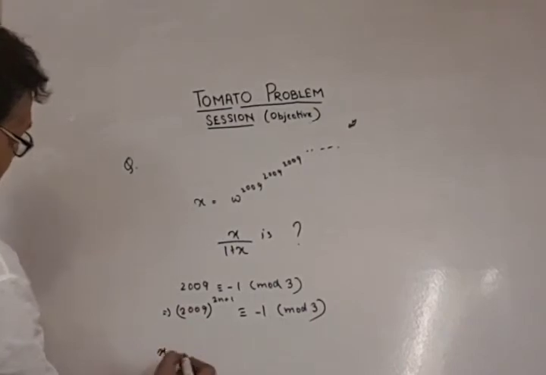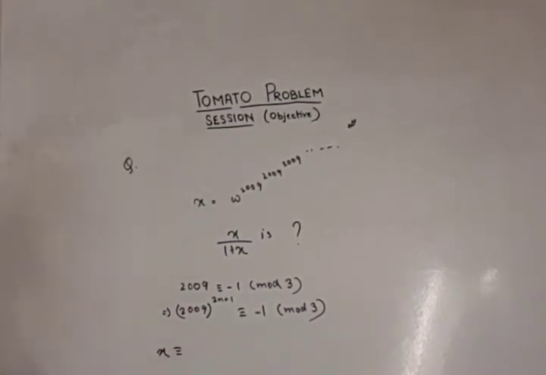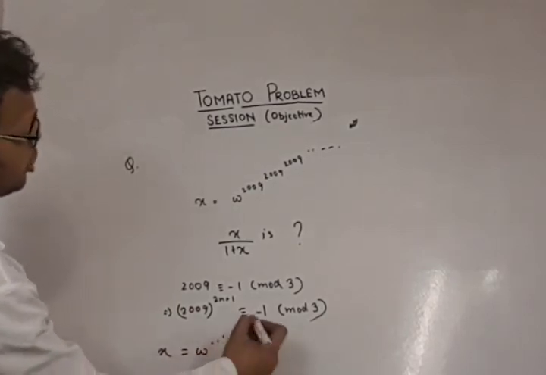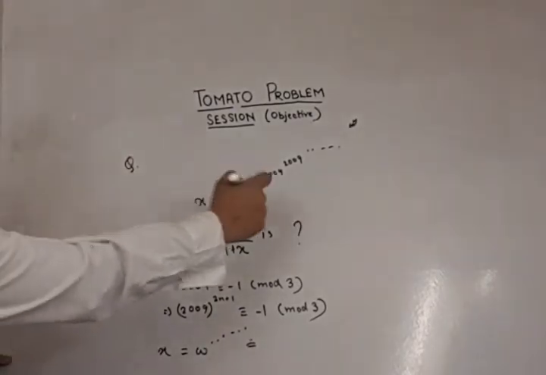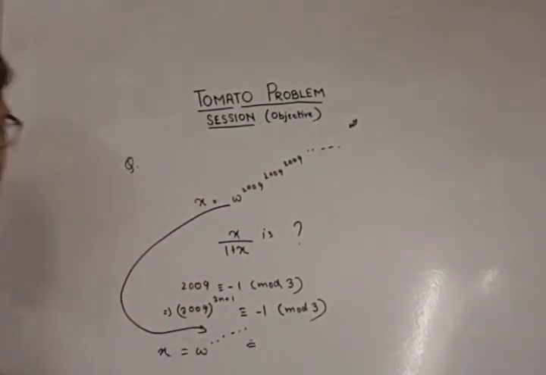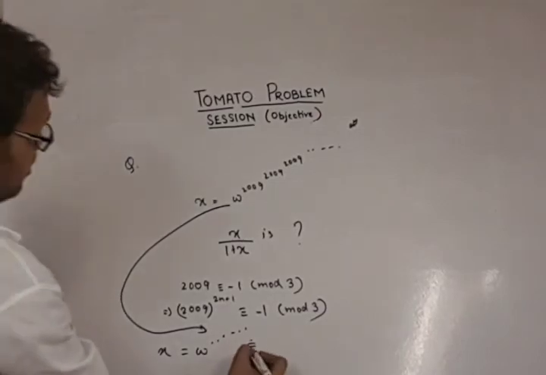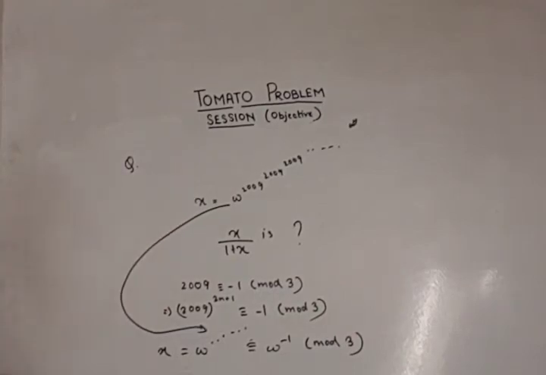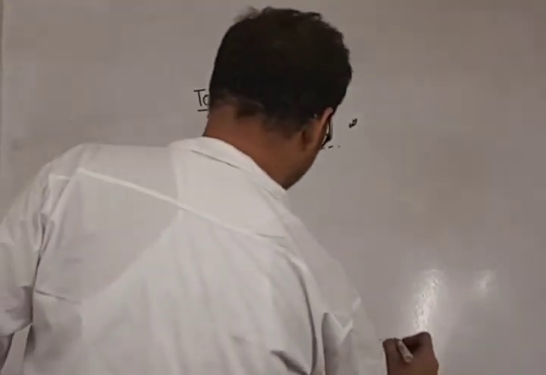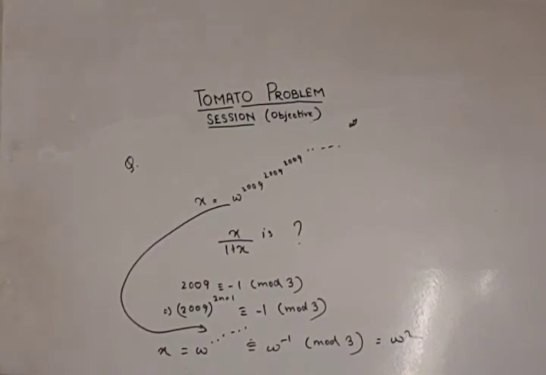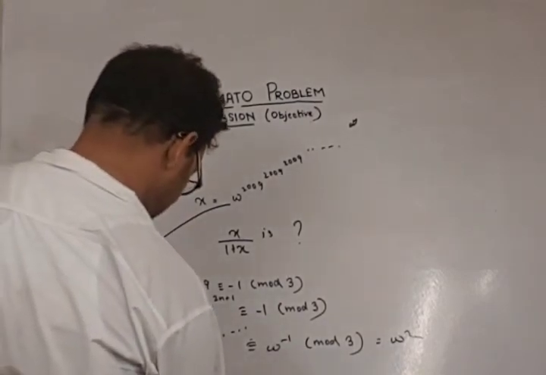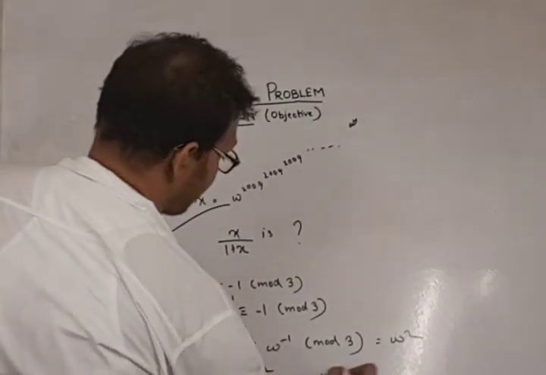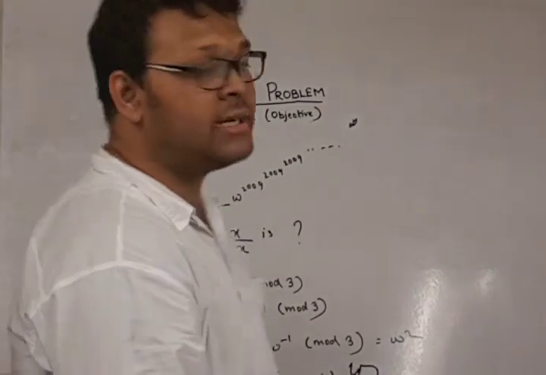Therefore x is omega power whatever the expression might be, so x is omega power minus 1 mod 3, which is nothing but omega square, isn't it? Therefore x plus 1 by x gives the answer. So this is the problem.